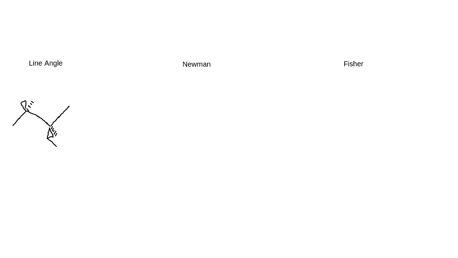And then let me know in the chat, out of chair, Newman, and Fischer, which one is the most difficult one? Newman. Okay, I got 2 Newmans. All right, so 3 Newmans.